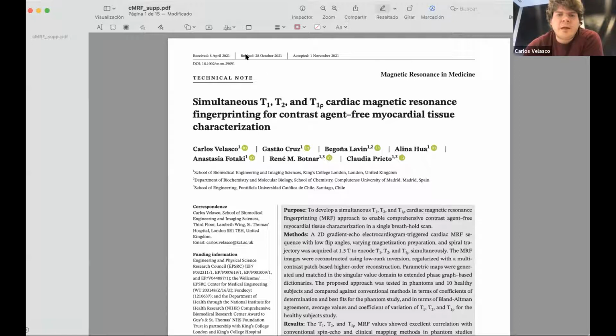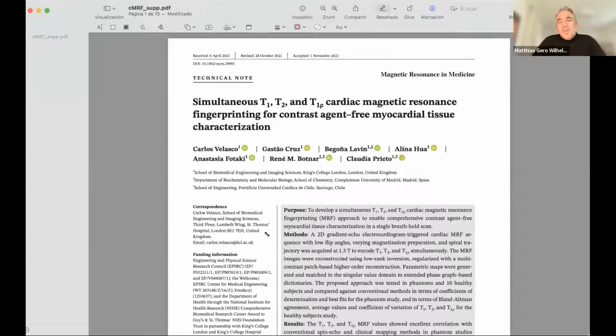In terms of values, whether the clinician would be able to say that these 55 milliseconds on T2 MRF correspond to healthy or disease, I think we need to do more clinical studies to see which state it corresponds to. But I think we have already shown in previous papers that MRF can be used for clinical studies because we have seen the difference between healthy and unhealthy.